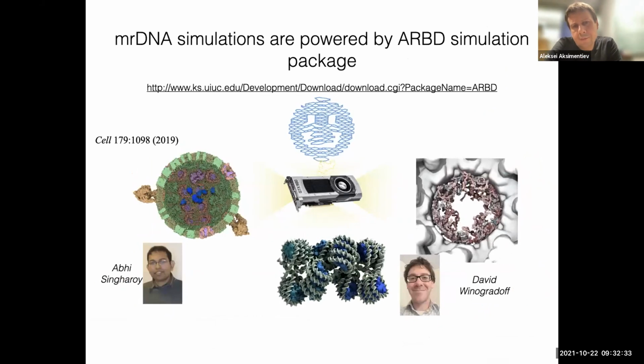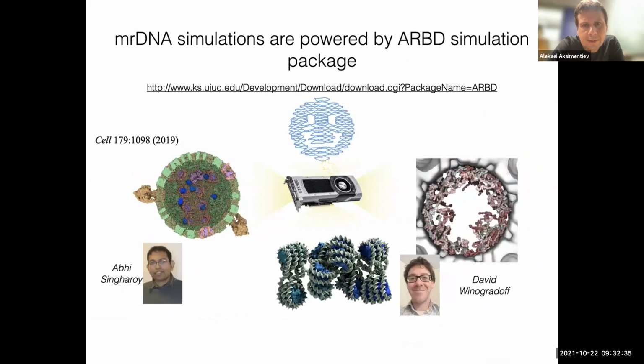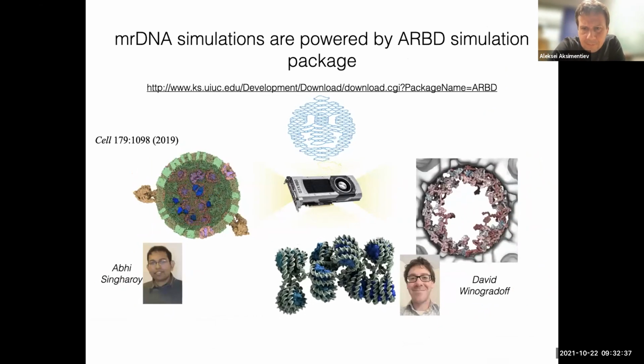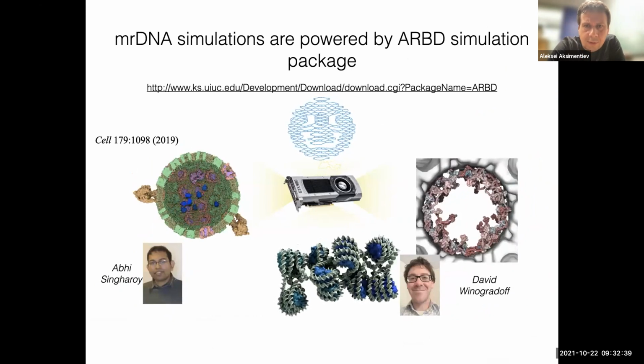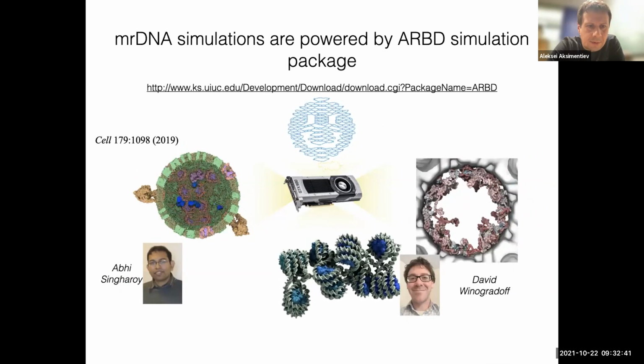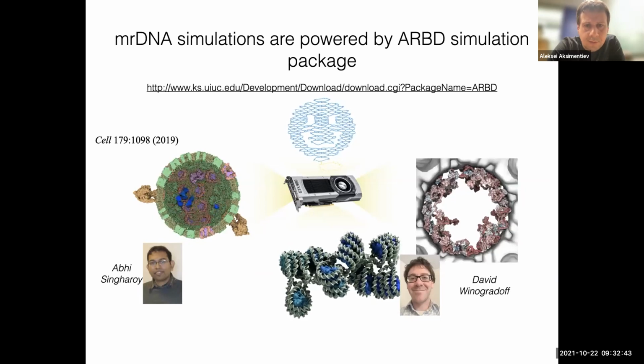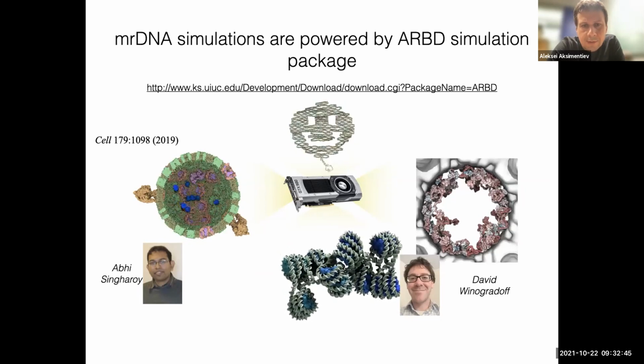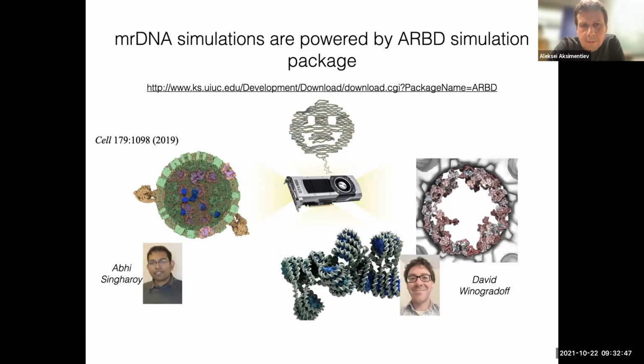Under the hood of the MrDNA package is ARBD, which is our atomic resolution Brownian dynamics simulation software, which is developed by our NIH center. It runs extremely well on GPU, very efficiently. We've used it to model transport within the photosynthetic organelle that we published in Cell 2 years ago.